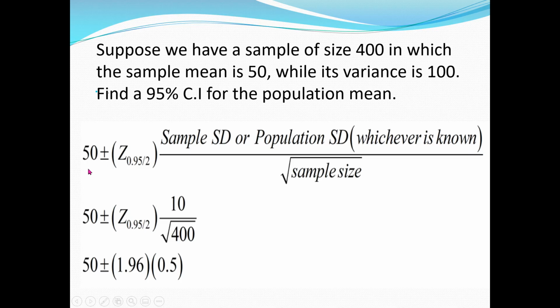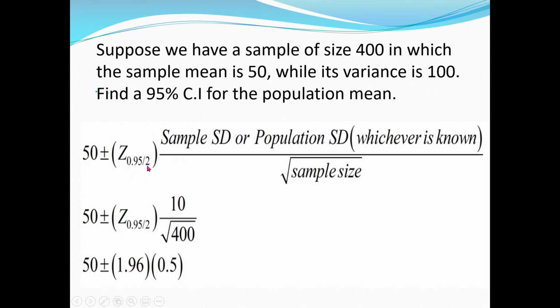So the formula is statistic, which is the sample mean, plus or minus the z value times the margin of error, which is sample standard deviation or population standard deviation, whichever is known, divided by the square root of the sample size. The sample mean is 50, and the z value that we have to use is against 95%.